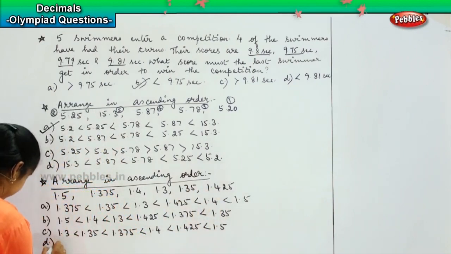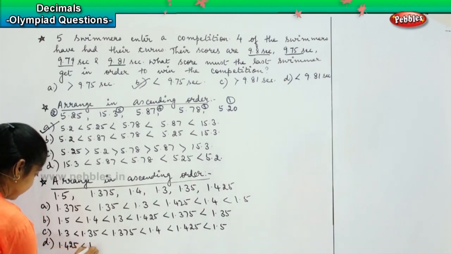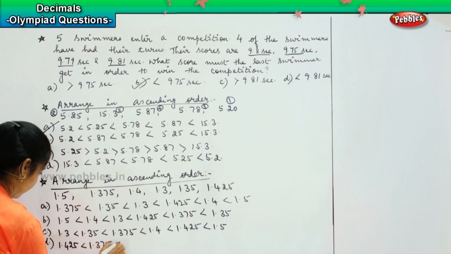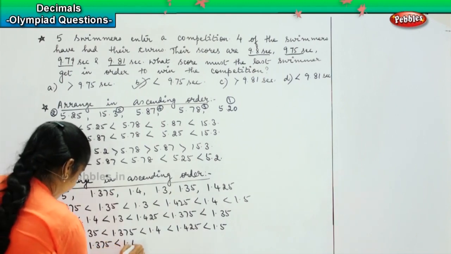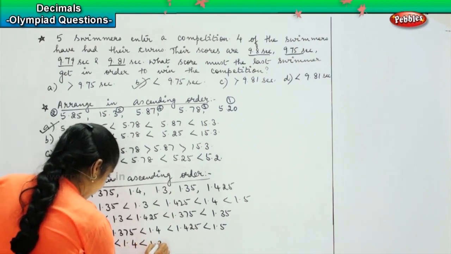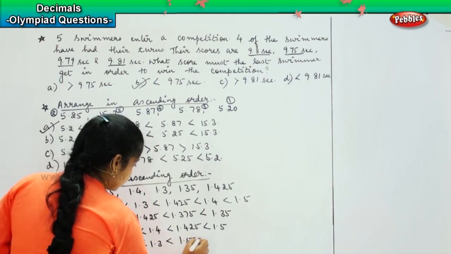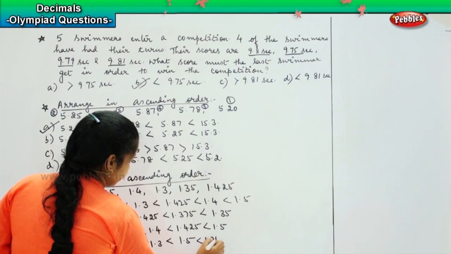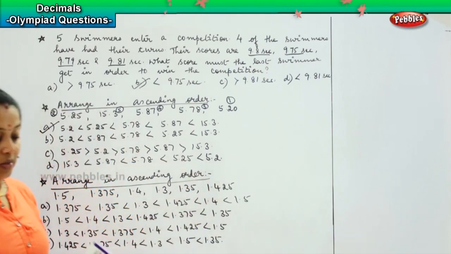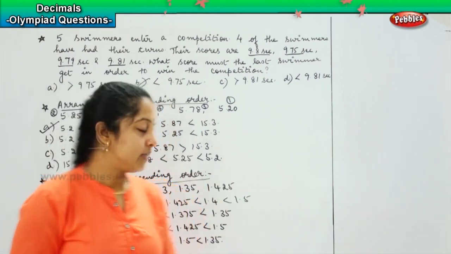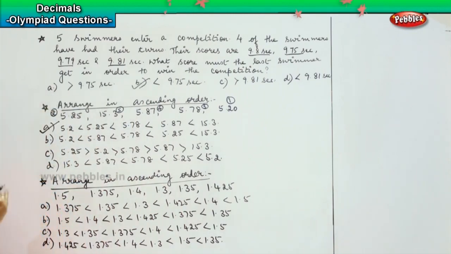And the last option is 1.425 is less than 1.375, is less than 1.4, is less than 1.3, is less than 1.5, is less than 1.35.